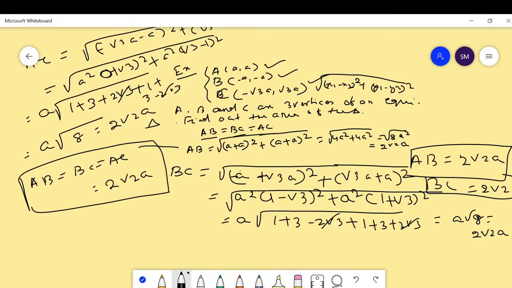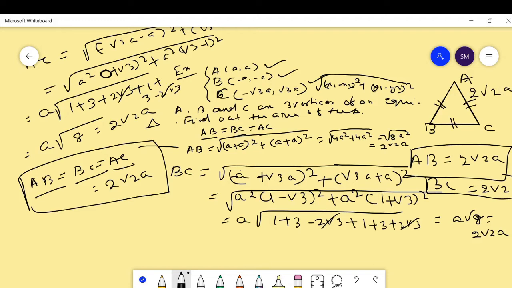This means these three are sides of an equilateral triangle, and we conclude that ABC is an equilateral triangle because the length of AB is equal to the length of BC is equal to the length of AC, which is 2 root 2 a.